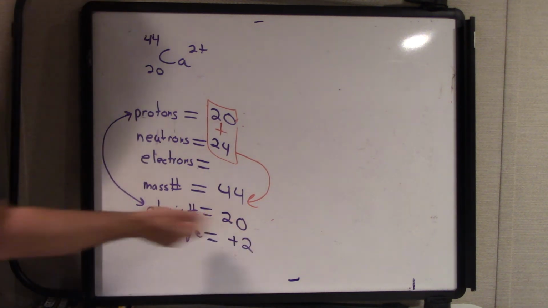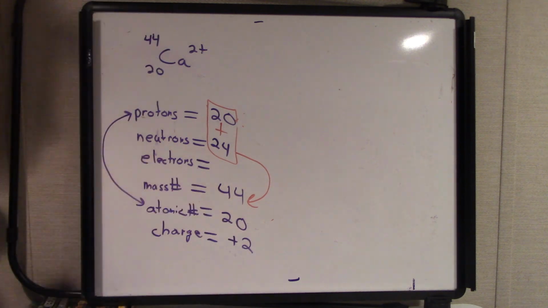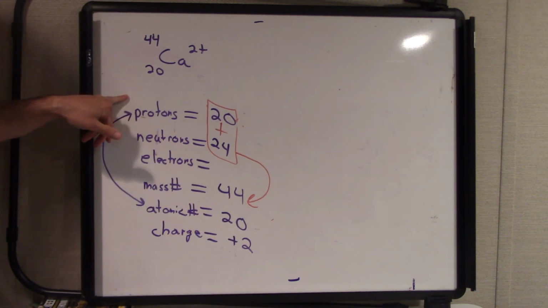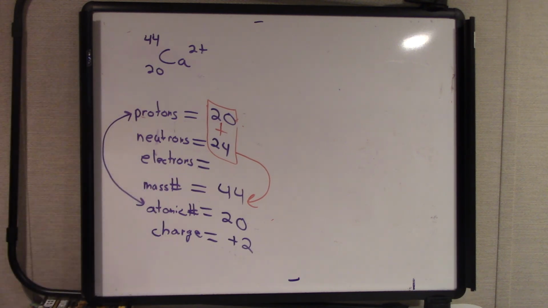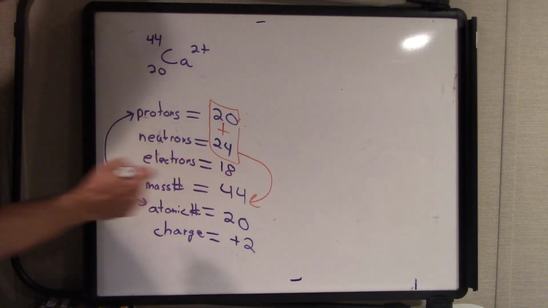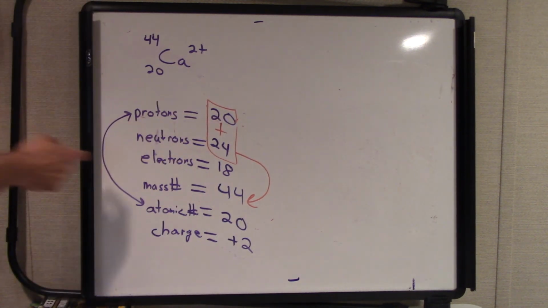The charge is +2. What is that +2 really telling us? Well, that +2 is telling us that I have 2 more positive charges than negative charges. Well, if protons are positive and electrons are negative, I better have 2 more protons than electrons. So 2 more protons than electrons means I better have 18 electrons such that I have more of these positive charges than I do of those negative charges.